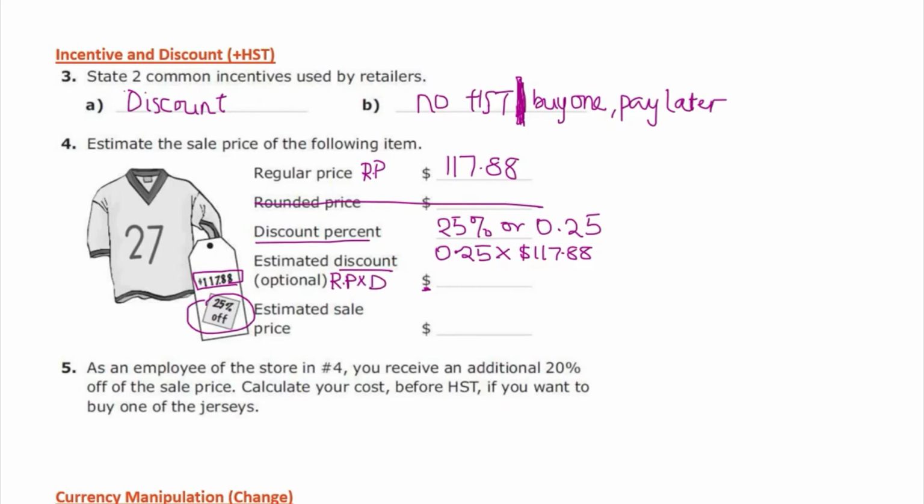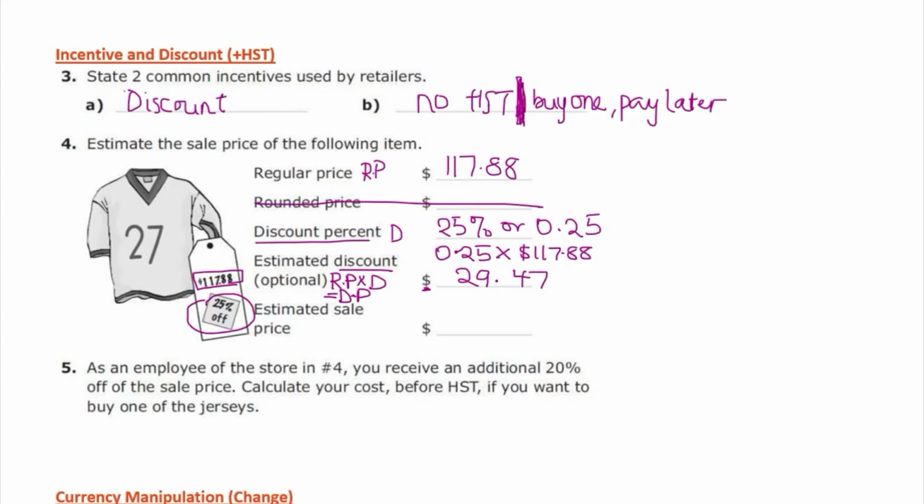So let me just write the formula here: regular price times the discount. I'll make this D, and this here will give us the discount price. So if we multiply 0.25 by the regular price, you will get $29.47.